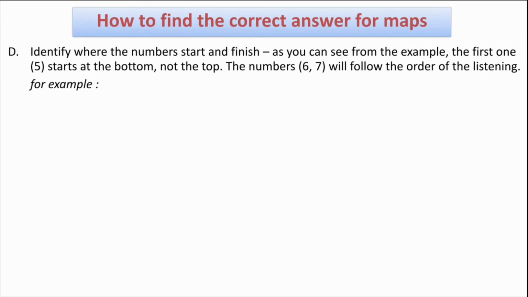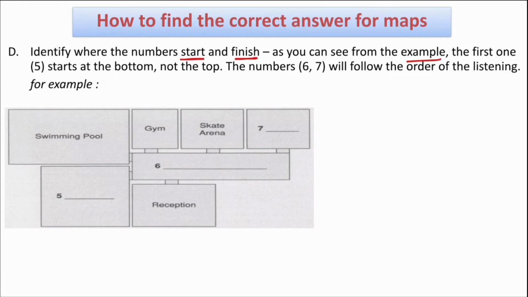Then the next strategy is called identifying where the numbers start and finish. As you can see from the example here, the first answers start from here at the bottom, and then comes question number 6 and then comes question number 7. You need to remember one thing, that in listening test your answers will always be in sequence.